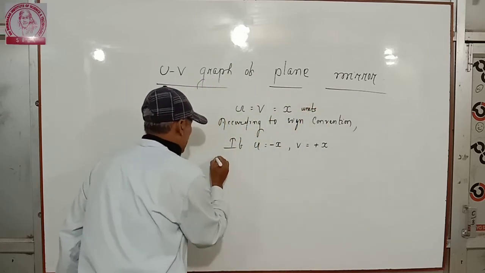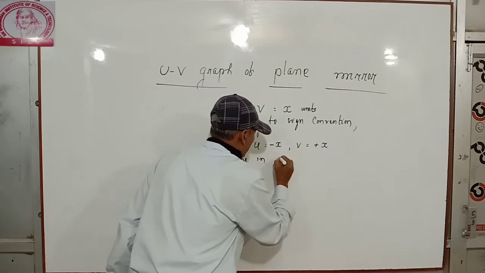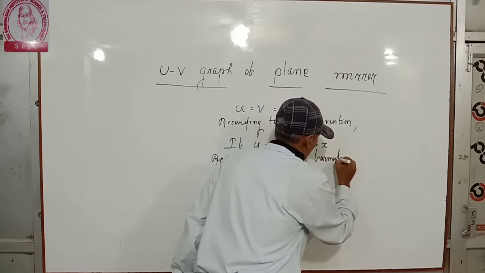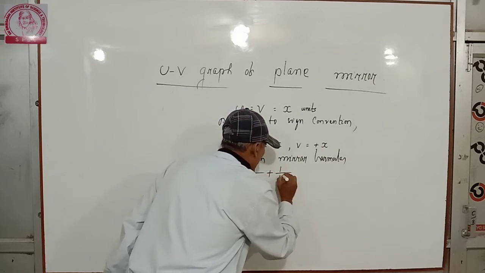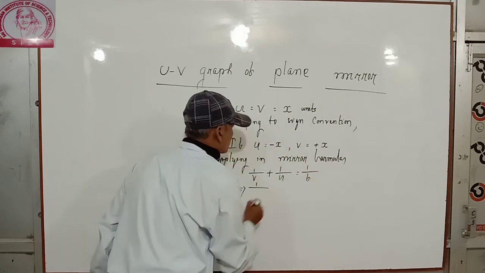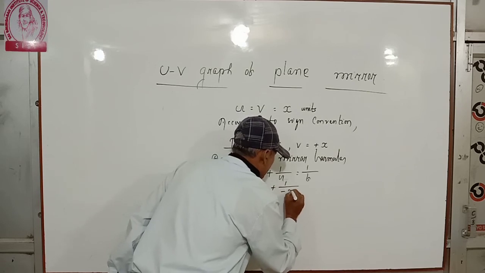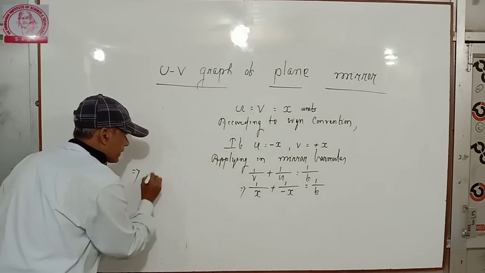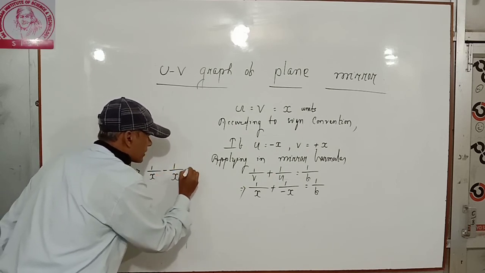Now, applying the mirror formula, 1 by v plus 1 by u is equal to 1 by f, which implies 1 by X plus 1 by minus X is equal to 1 by f, which implies 1 by X minus 1 by X is equal to 1 by f.